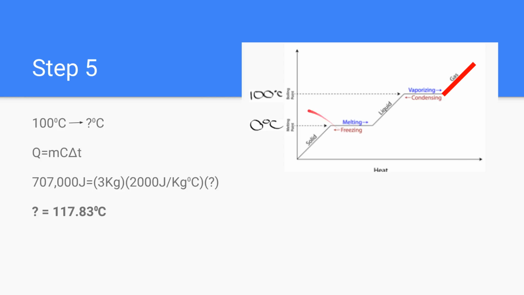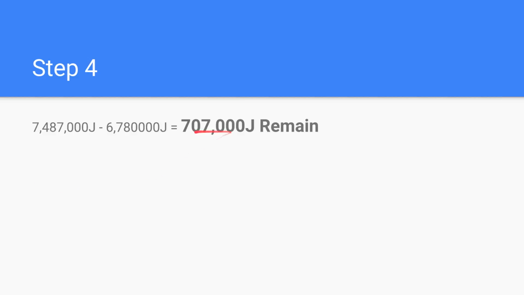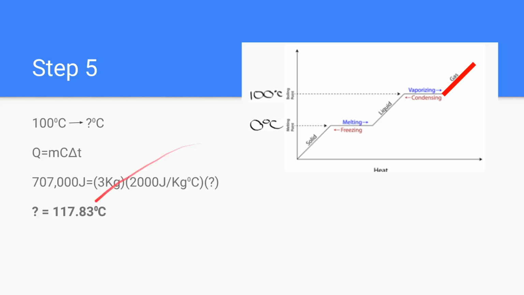So in step 5, we're right here, turning the gas from 100 degrees into an unknown temperature. However, in this equation, we know what Q equals. Q equals this value from before, because that is how much energy we have left of that original 11 million. Also, mass is constant, and we are now using the specific heat of steam, which is 2,000 joules per kilogram degree Celsius.